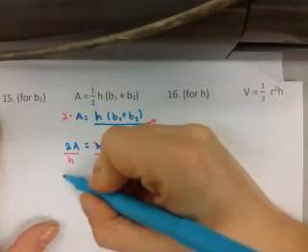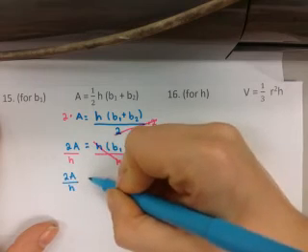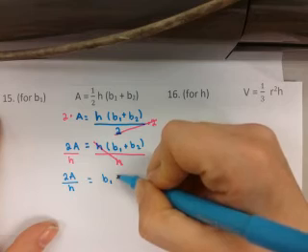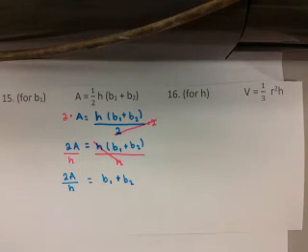So now I have 2a over h is equal to b1 plus b2. Nothing else is being multiplied by that, so there's no reason to write the parentheses now because there's nothing happening on the outside of the parentheses anymore. We're just left with the b1 plus b2.